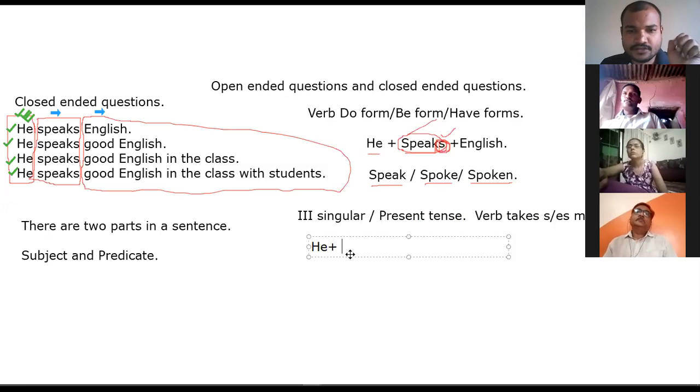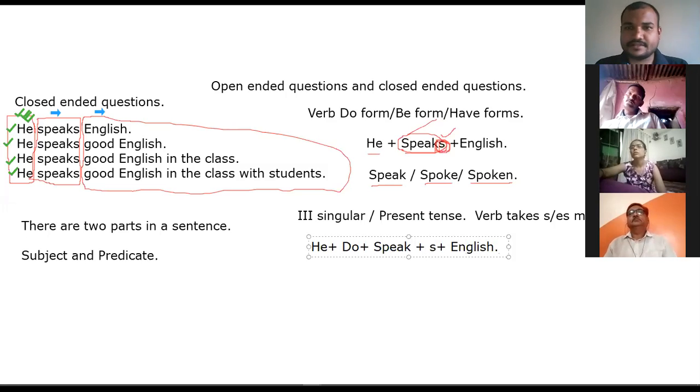Correct? So do plus speak plus s plus English. So this is the actual format. He speaks English. So this is the structure actually. Okay, this is the format you need to understand.